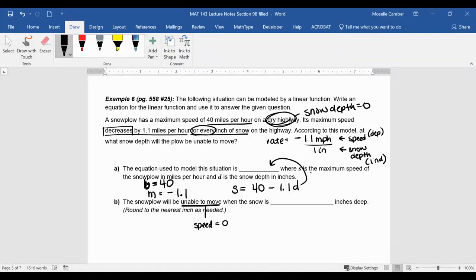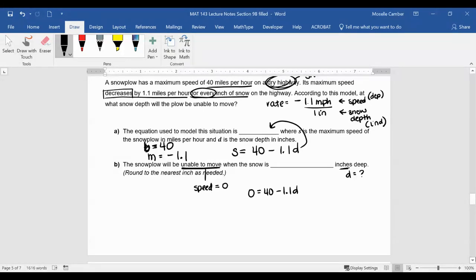So it wants to know number of inches, that is my depth. So it doesn't know my depth, I do know my speed, so I'm going to put this value into my equation. So instead of S, I'm going to put 0 equals 40 minus 1.1d, and I'm going to solve for d. So to get d by itself, I need to get rid of the 40, so I'm going to subtract 40 from both sides.